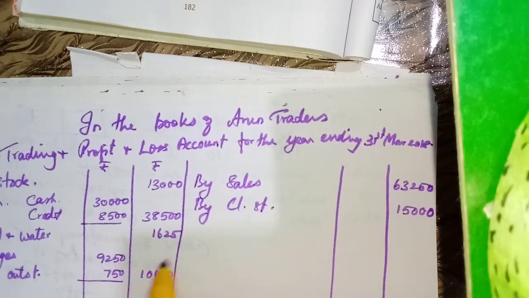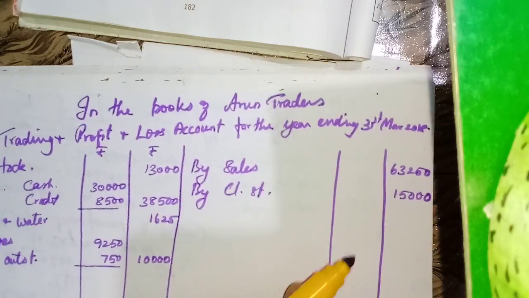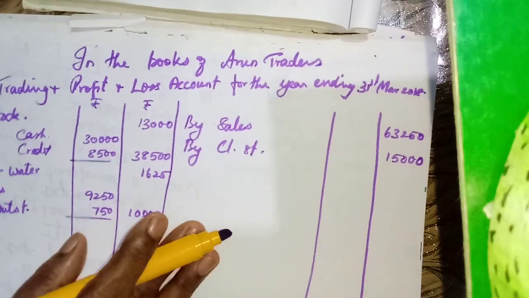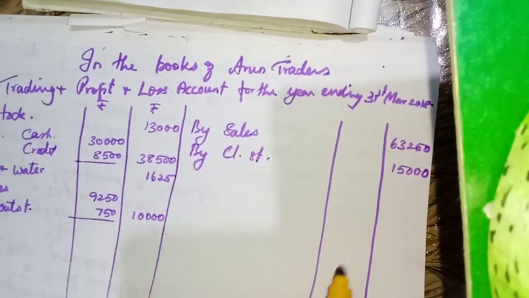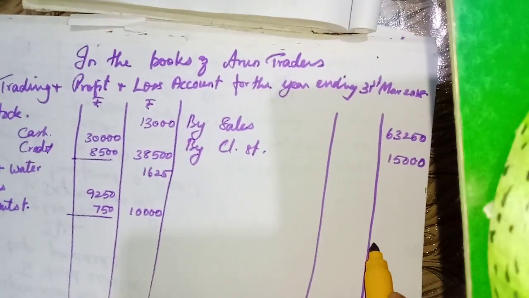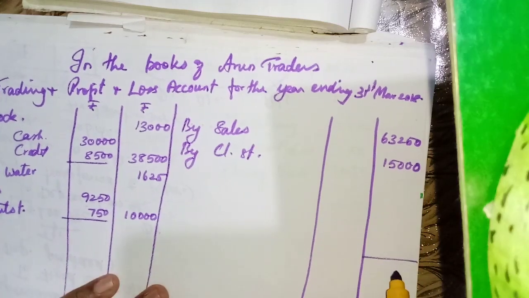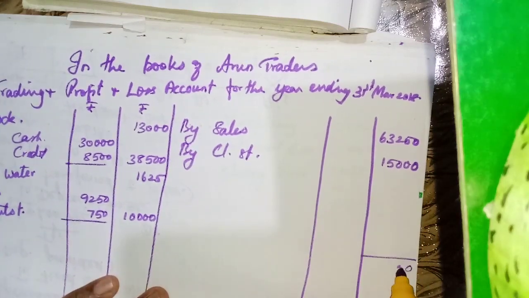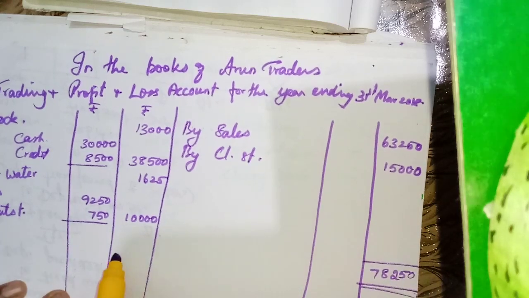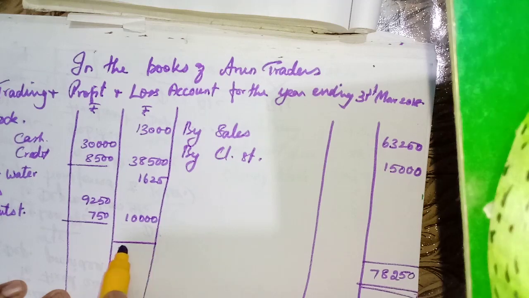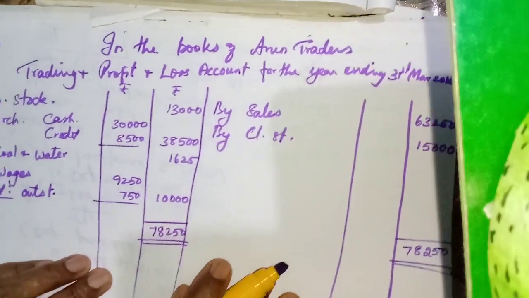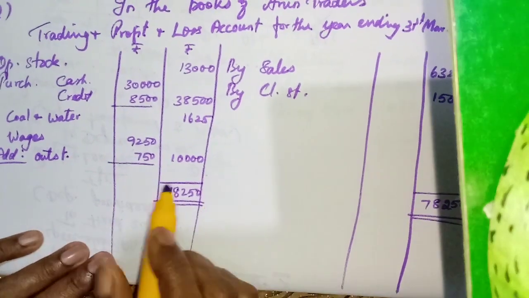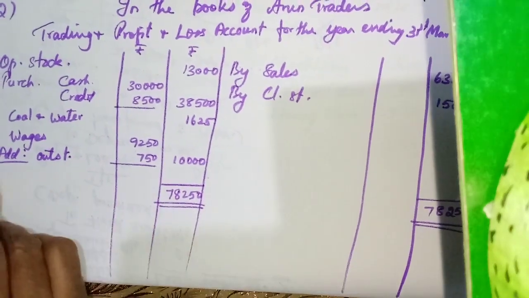Here 38, 48; here 63. 73, 78 coming. So this side only is more, isn't it? So add and write 78,250.